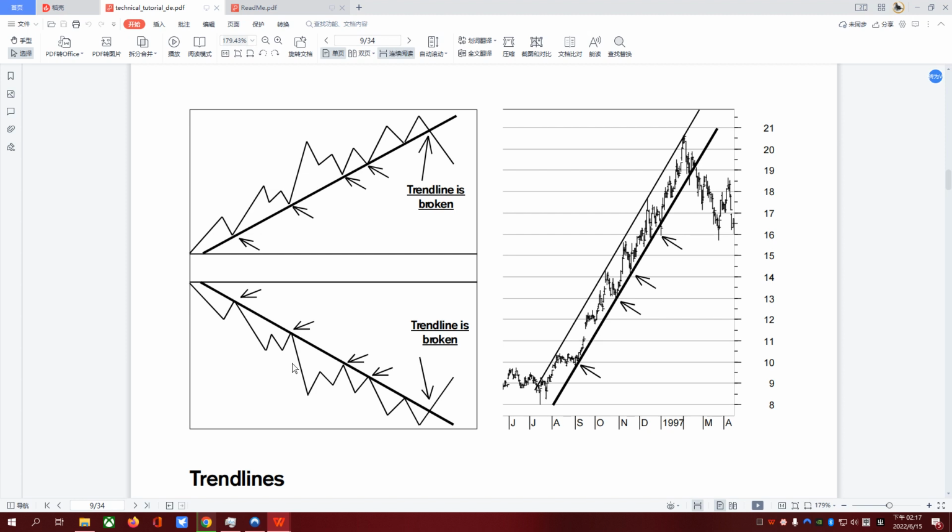So in the last episode, we talked about resistance and support, and in this episode we have to understand the very basic concept of the trend line. As you can see from the chart right here on the right side, if we link all the new lows and new highs together, we'll be able to get a trend line just like this.